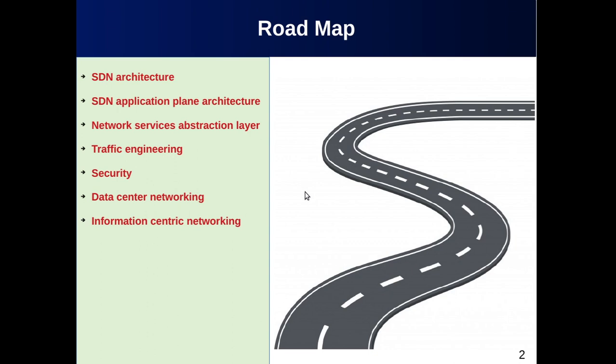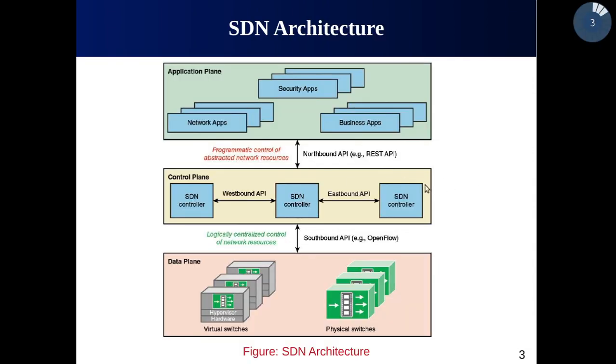So let us start with an overview of the SDN architecture. We have covered the SDN data plane, and then we covered the SDN control plane or the SDN controller, different types of APIs and functionalities that it provides.